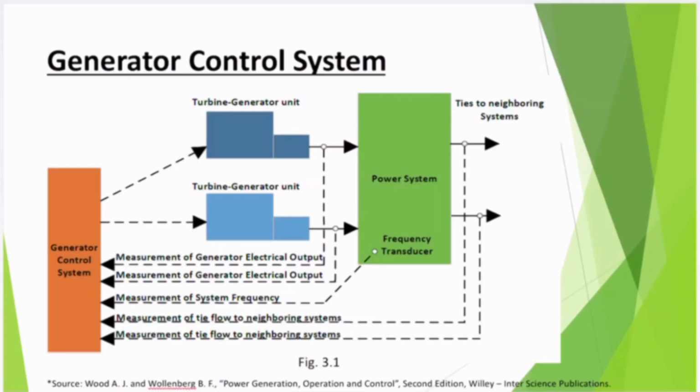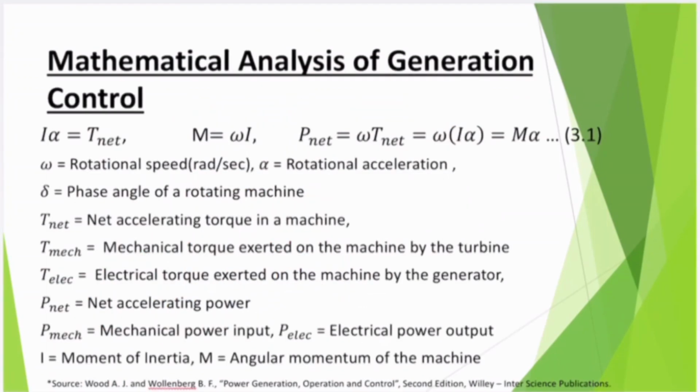If there is an agreement that this amount of power has to be exchanged, you have to make sure that all the time the tie line flow is as per your desired commitment. That is another interesting point. And then you have to measure the generator electrical output, the system frequency, and also the neighboring output. All those signals we have to collect and give to your generator control system every second or every millisecond.